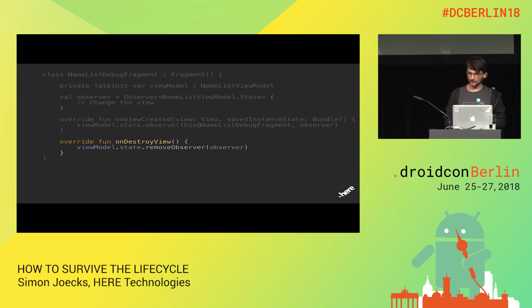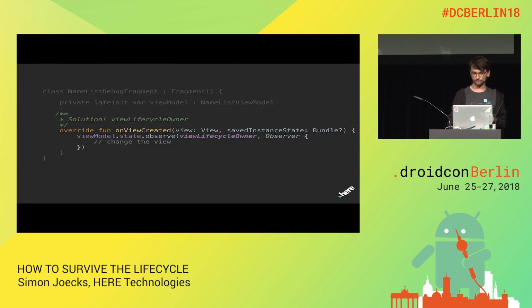Okay, so at Google I/O 2018, they realized we have to dedicate a certain kind of lifecycle for this, and this is the View Lifecycle Owner, or the View Lifecycle. This is a very particular lifecycle that is only available after onCreateView and until onDestroyView.